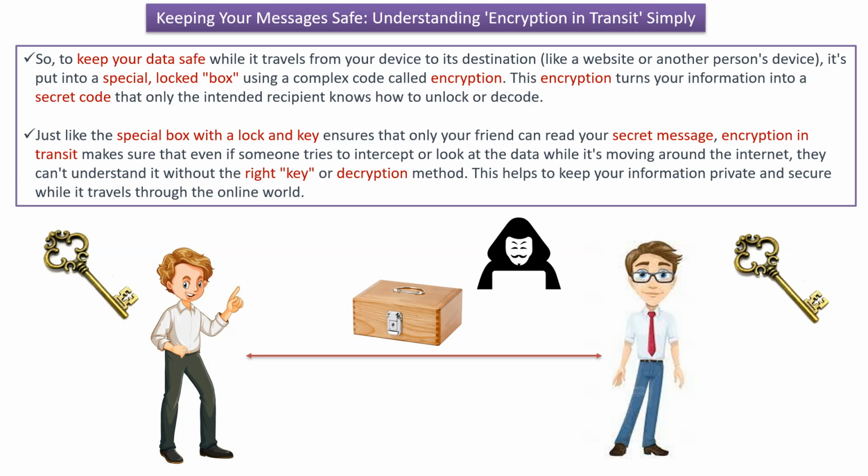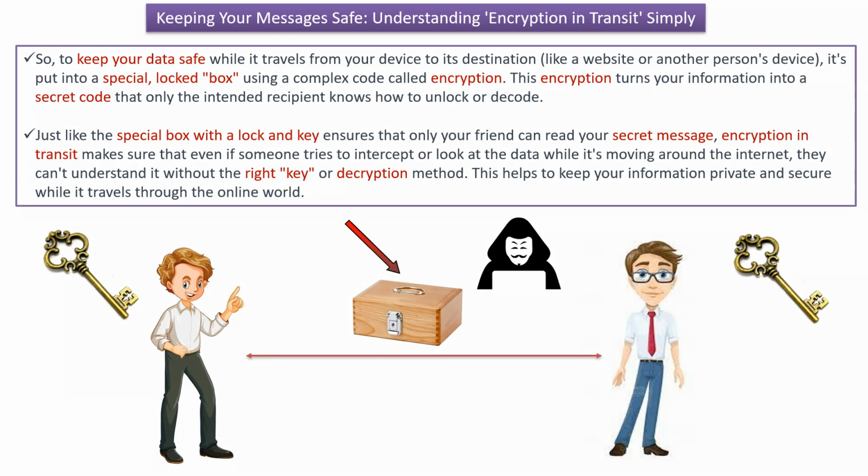So the data is put into a special lock box using a complex code called encryption. This encryption turns your information into a secret code that only the intended recipient knows how to unlock or decode.